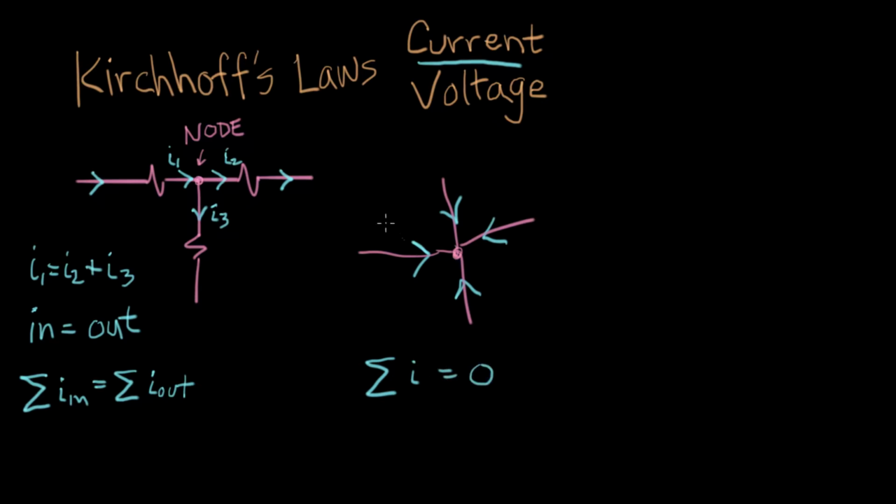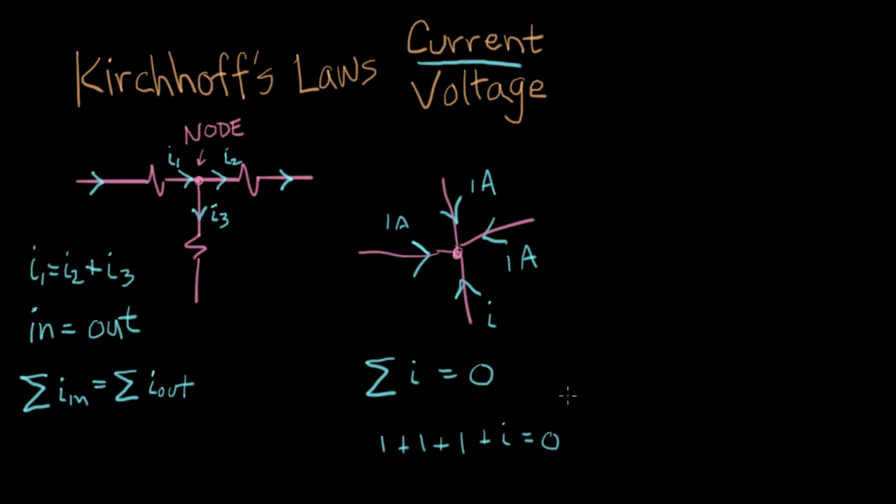Let's work out how that works. Let's say this is 1 amp, and this is 1 amp, and this is 1 amp. And the question is, what is this one? What's that current there? If I use Kirchhoff's current law expressed this way, it says that 1 plus 1 plus 1 plus I, whatever this I here is, has to equal 0.